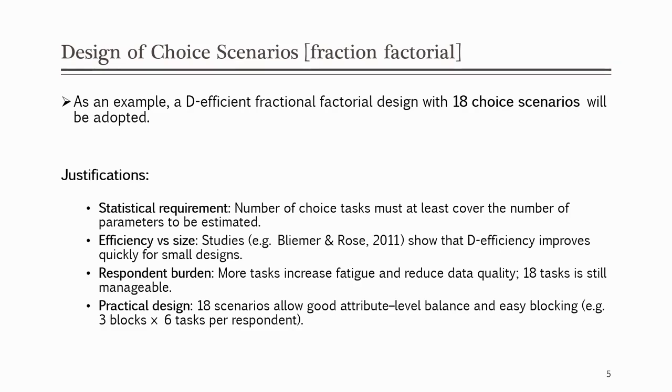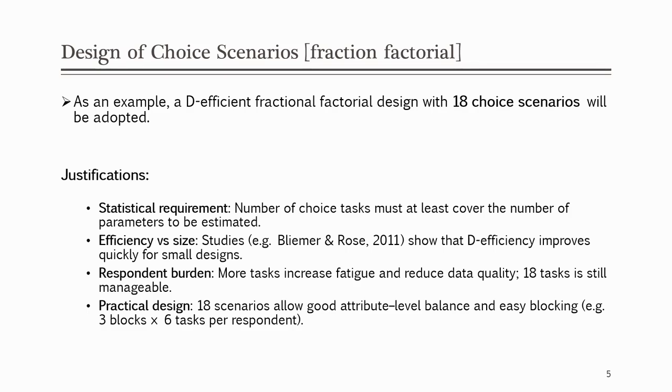This is quite useful, and in terms of efficiency and size we have to get the balance. We also have to consider the respondent. Just imagine you have a lot of choice scenarios and you are the decision maker; it is very challenging to make informative decisions. That's why we have to get to the optimized design with as few scenarios as possible.